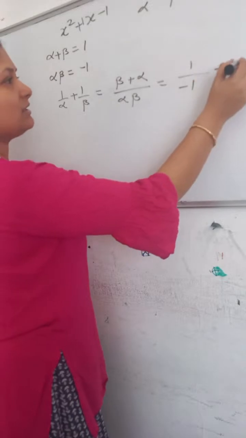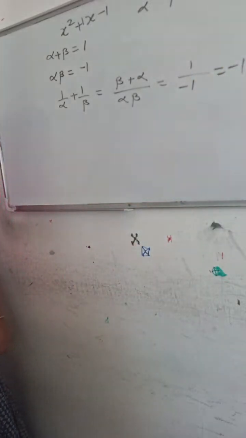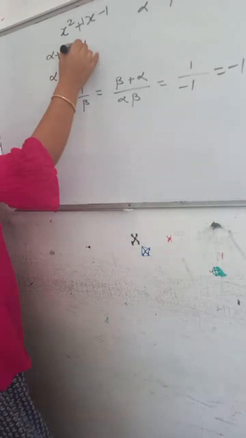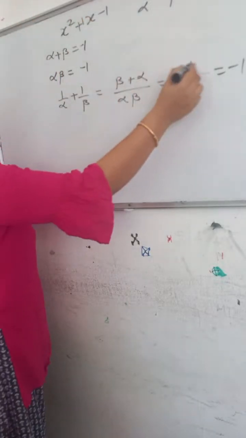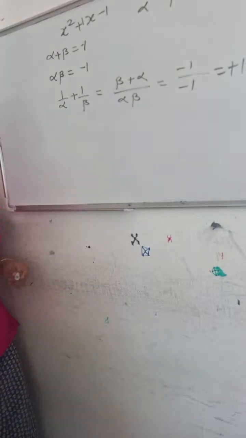So answer is nothing but what? Minus 1. Yes. Answer is minus 1. Getting this? Oh sorry, yeah, here minus b by a. So here it will become plus 1, sorry.